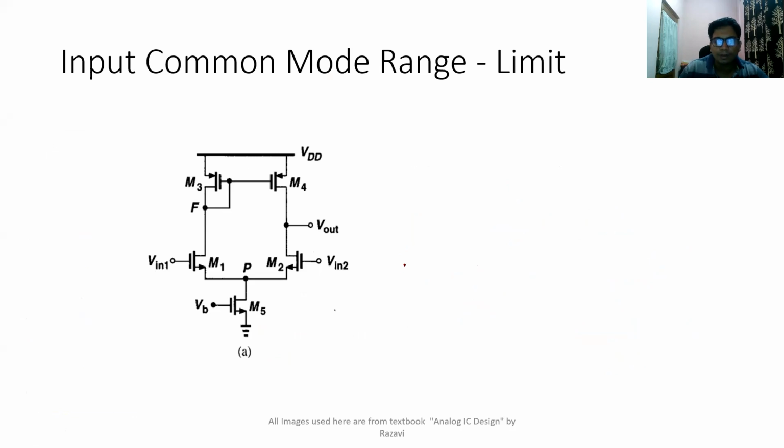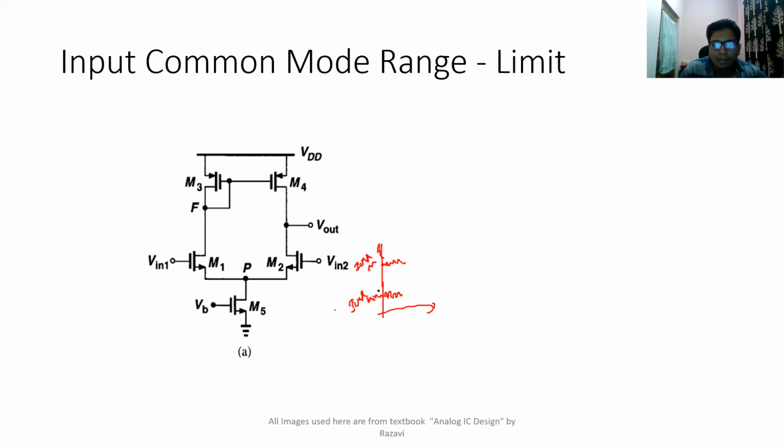Your input DC, whatever you are applying: common mode means wherever your AC signal is coming, the DC associated with it is what you call the common mode range. So this is the input common mode range minimum, ICMR min, and input common mode range maximum, ICMR max.